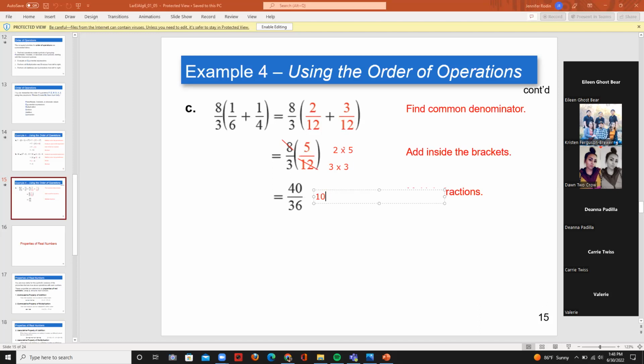I'll put a line there over 9. And then that would equal, 9 is smaller than 10, so we're going to end up to have 1 and 1/9.